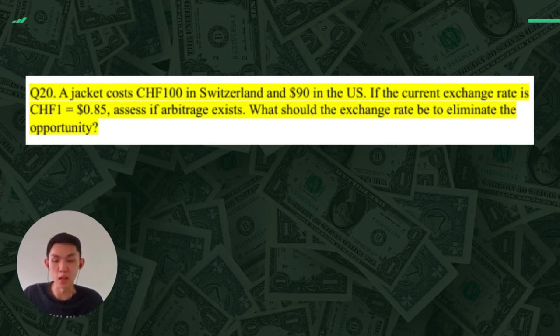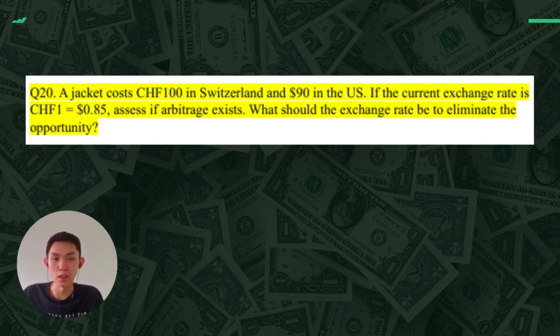And then we compare, and we get the conclusion that the jacket is cheaper in Switzerland, which is $85, and in the US it is sold at $90. And then the arbitrage opportunity exists when the buyer buys the jacket from Switzerland and then resells it in the US.